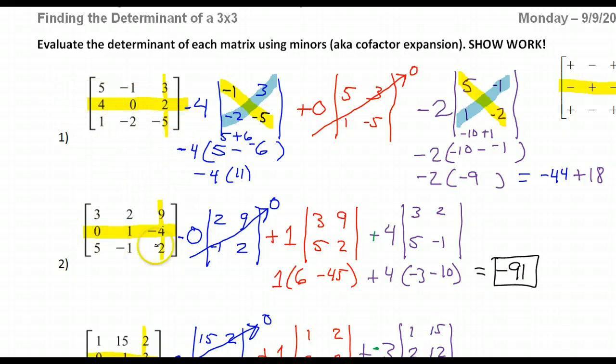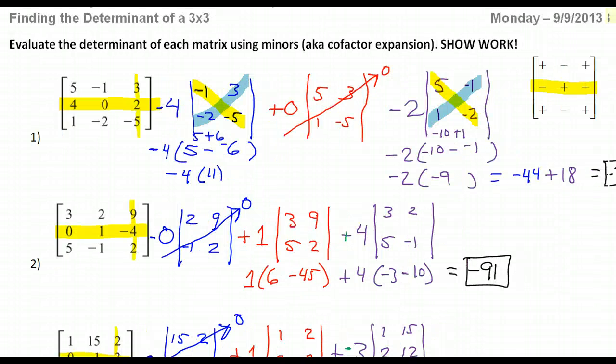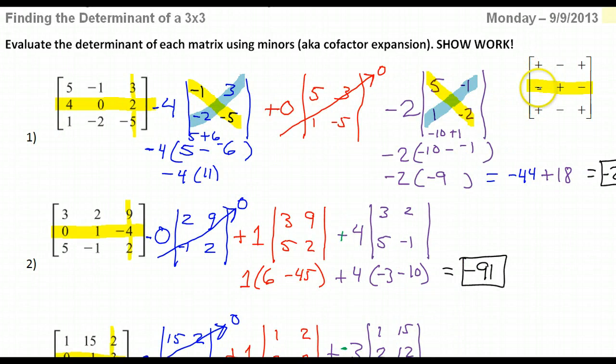I happened to pick the middle row in all of my examples, and each number in the row became a multiplier: 4, 0, and 2. Except for the signs. If it was using the middle row, you had to negate, keep, negate. So my 4 became -4, and my 2 became -2 because I had to negate those terms.